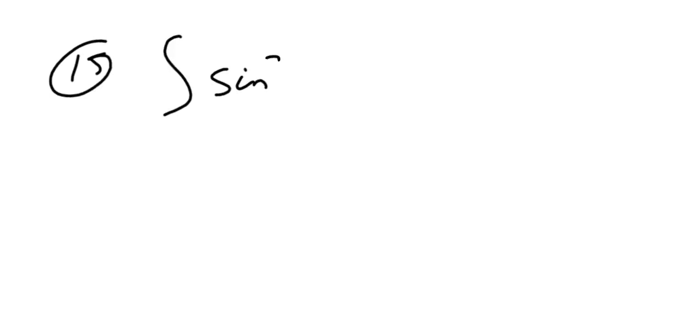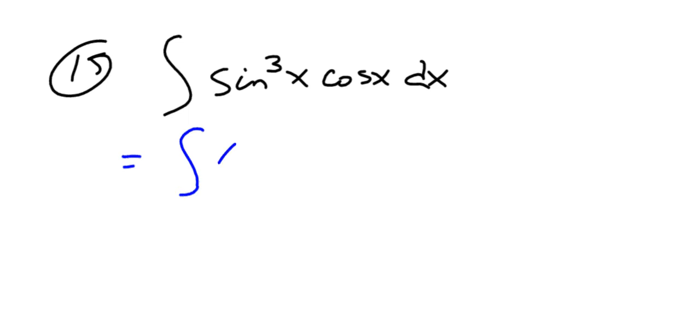We're going to do number 15, and I'm given sine cubed of x cosine x dx. Well, this one is definitely many different functions. Sine is an inside function, cubed is the outside function, and then it's being multiplied. So I'm going to rewrite this so it's a little easier to see.